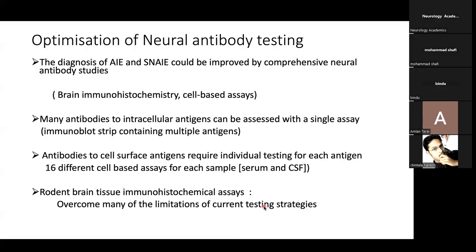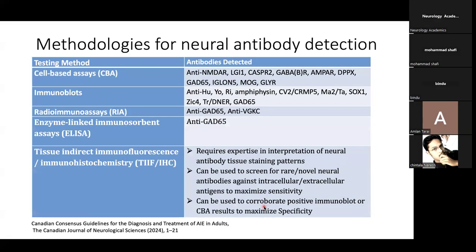The methodology of neuronal antibody detection in cell-based assay actually targets extracellular antigen antibodies. So in that case, cell-based assay is required. For diagnosis of intracellular antibodies, immunoblot is used. Radioimmunoassay is used for anti-GAD65 and anti-VGKC, and ELISA for anti-GAD65.